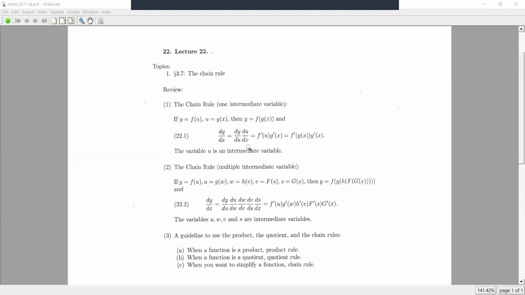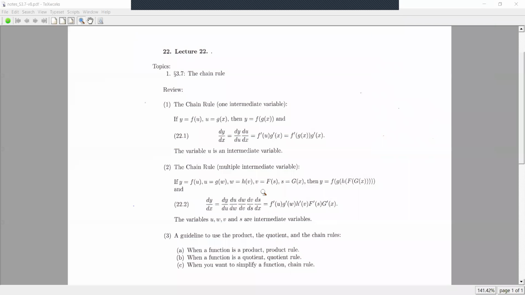And du/dx is the derivative of this function. The chain rule is easy to remember. If we cancel du from the denominator and from the numerator, then this is the left side of this equation.